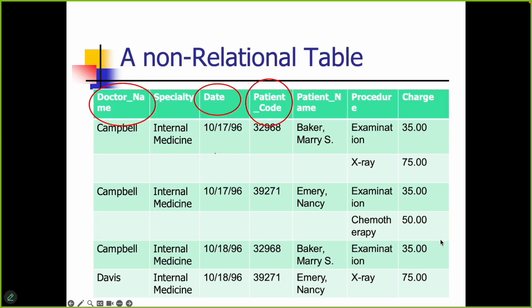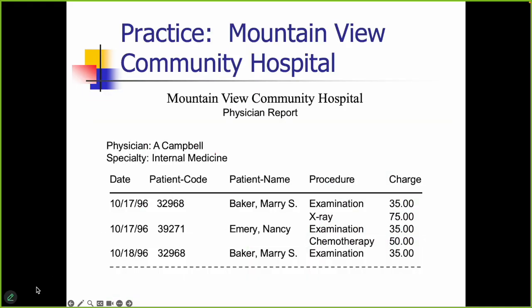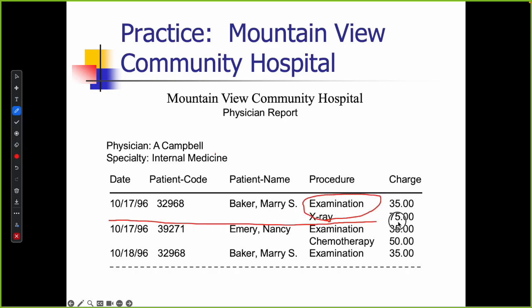So let's say you put everything into one table. So what is the problem here? Several problems. First of all, as we see here, we have several values in one cell.